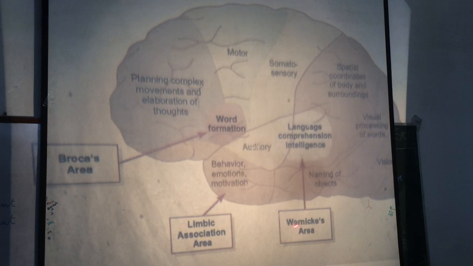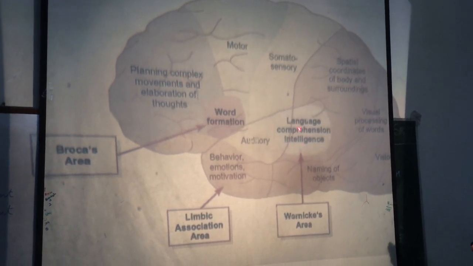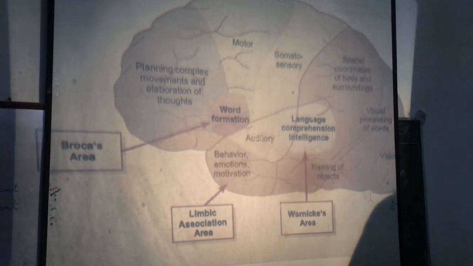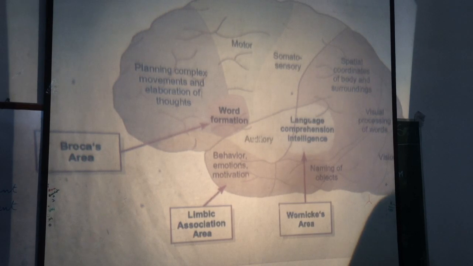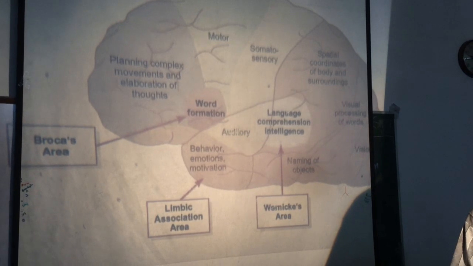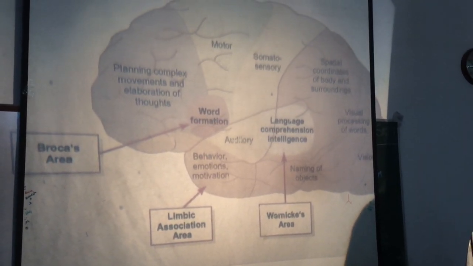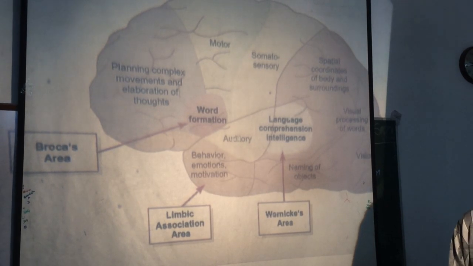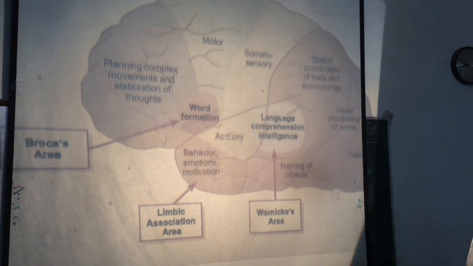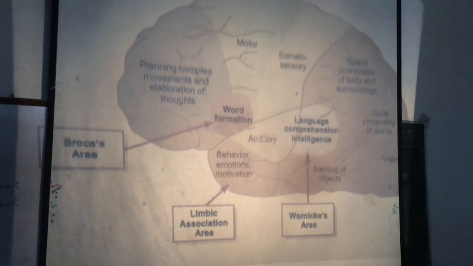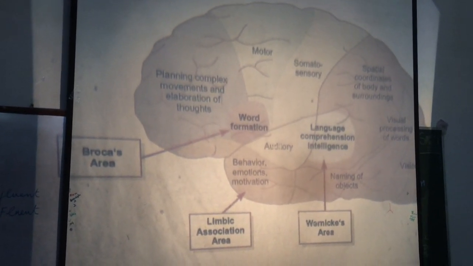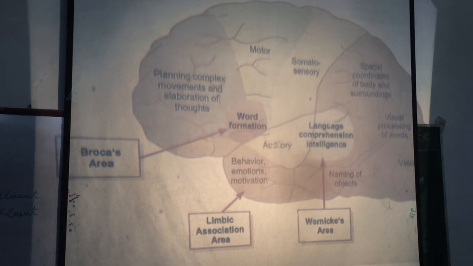So there is difficulty in thought formation, difficulty in selection of words to express the thoughts, words are not arranged properly, and the patient feels difficulty in reading, right? And maybe in writing. So this is the sensory aphasia or fluent aphasia due to lesion in the Wernicke's area.